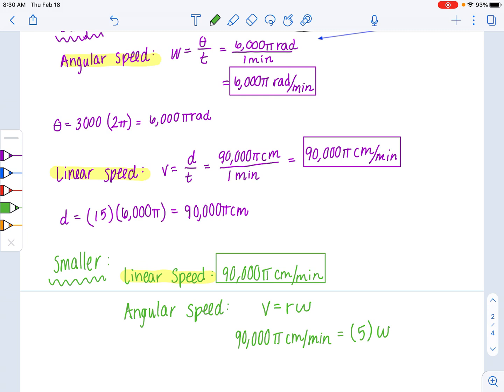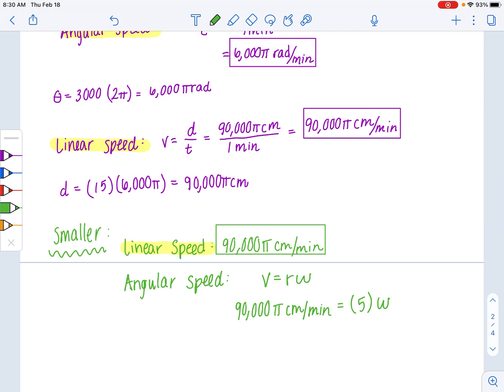And we're solving for our angular speed, our omega. So just divide both sides by 5. You'll get that your angular speed is 18,000 pi radians per minute. And this should make sense because it's angular, so we're talking about radians per minute.